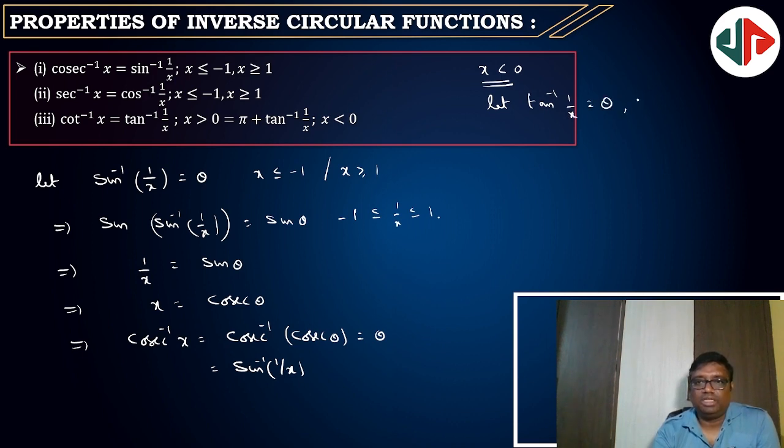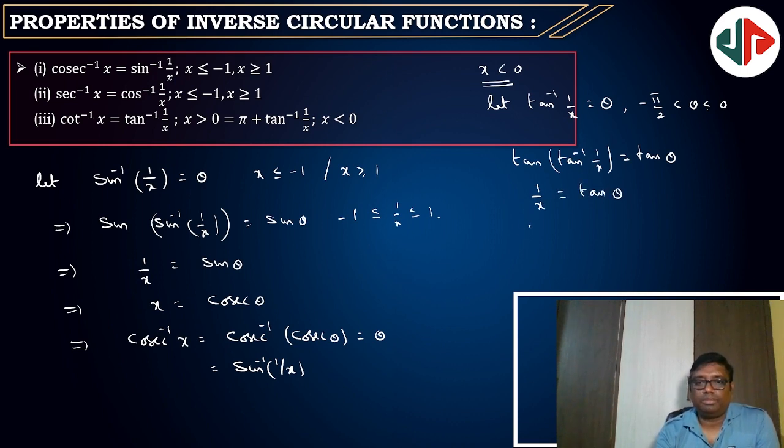Here x is less than 0, so theta value must lie between minus pi by 2 to 0, because tan is negative only. Now if you apply tan on both sides, tan of tan inverse of 1 by x is equal to tan theta. So here 1 by x is less than 0, so this value is nothing but 1 by x equal to tan theta.